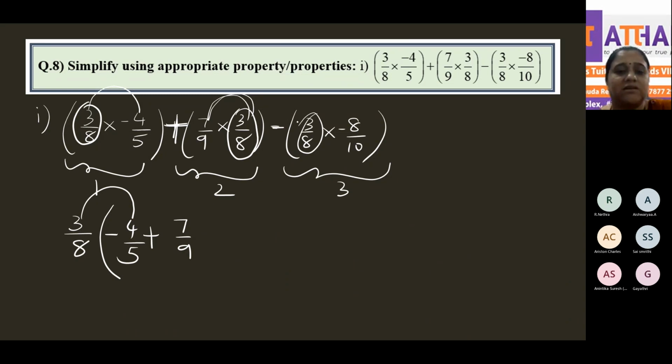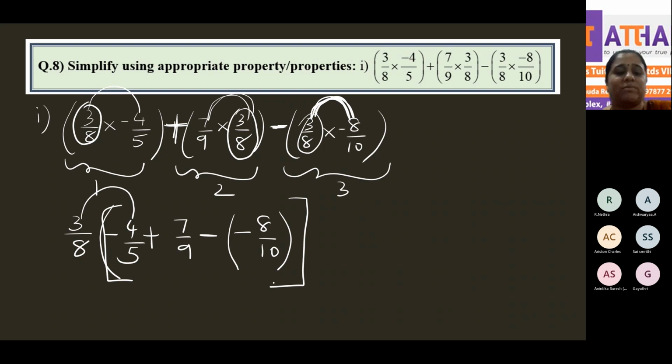The connecting sign is minus, and it's 3 by 8 into minus 8 by 10. You cannot write minus 8 by 10 like this, so you need to enclose it in a bracket. We'll make this a square bracket.